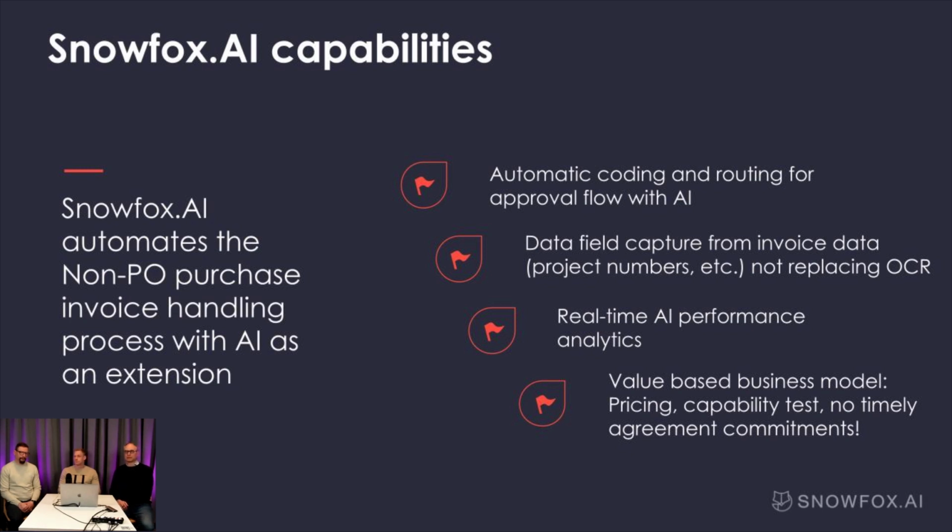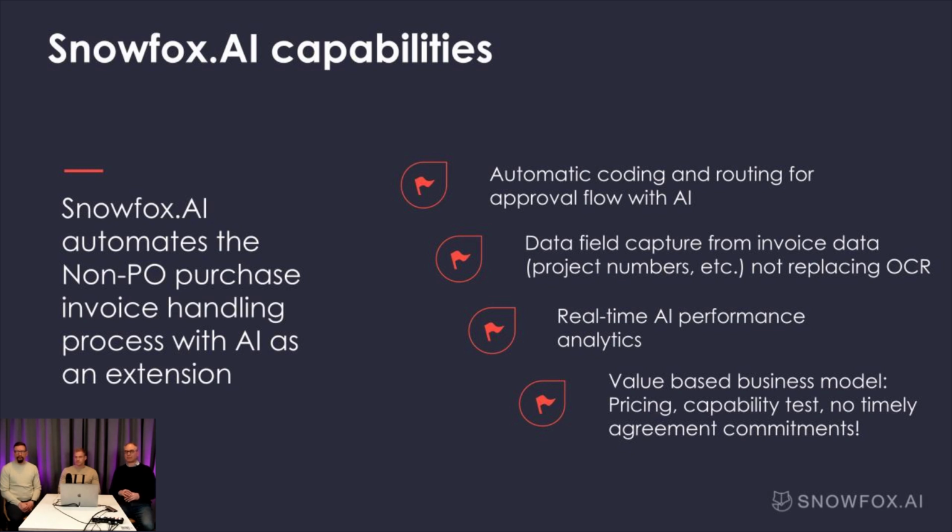What we do is automate the coding of the invoices and the routing of the invoices for the approval flow. Meaning that we can tell the system who is the reviewer and who is the approver of the invoice based on the data on the invoice itself.